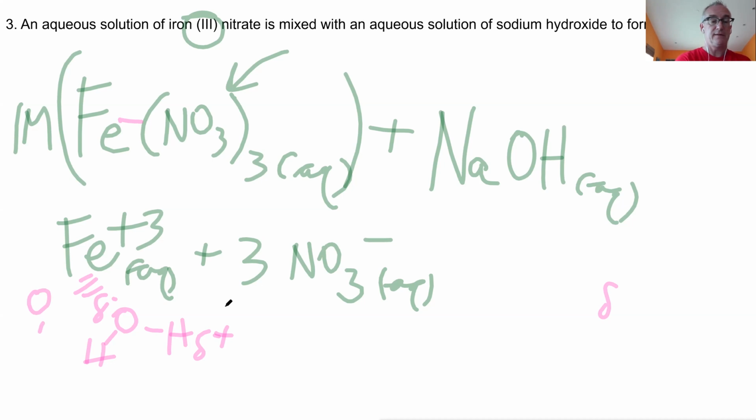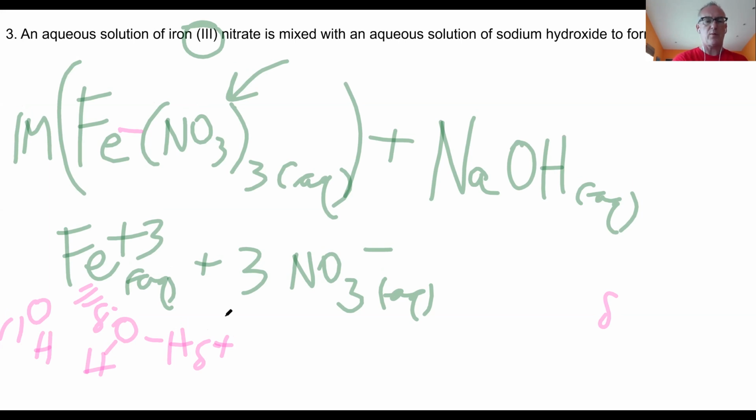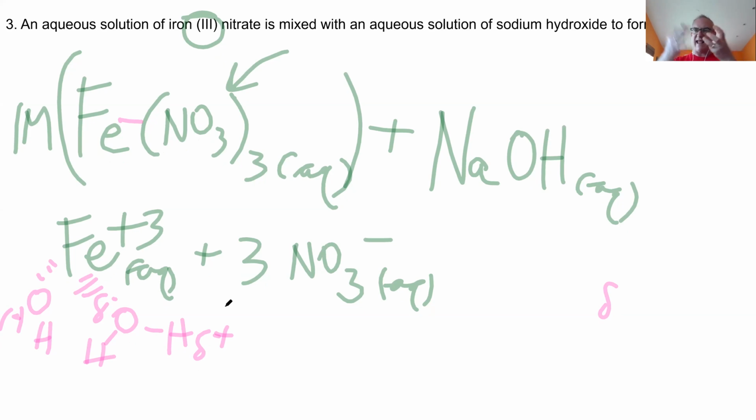It would have what we would call a cage around it of like 8 to 12 water molecules completely surrounding it and interacting with it. That's much more stable than those single ionic bonds.